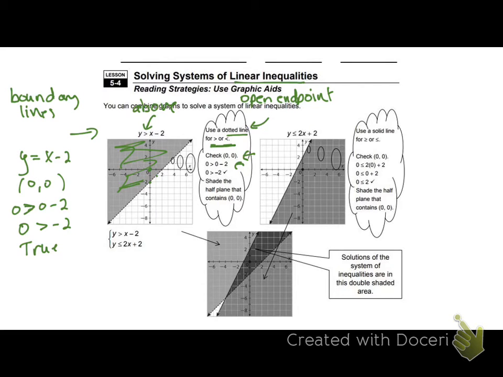Now, let's look at our second one here. Our y less than or equal to 2x plus 2. So our boundary line itself will be y equal to 2x plus 2. Now notice this time our boundary line is a solid line.